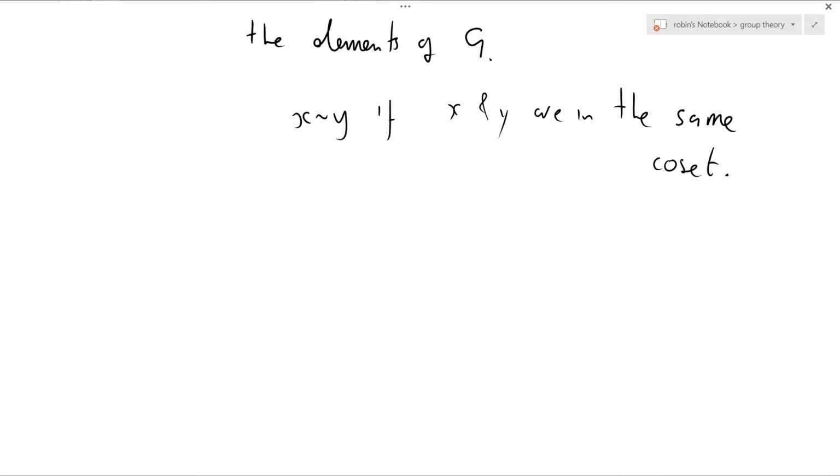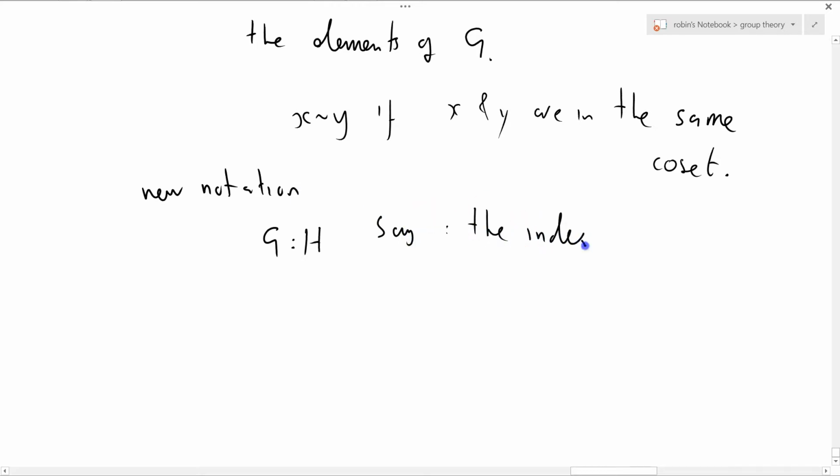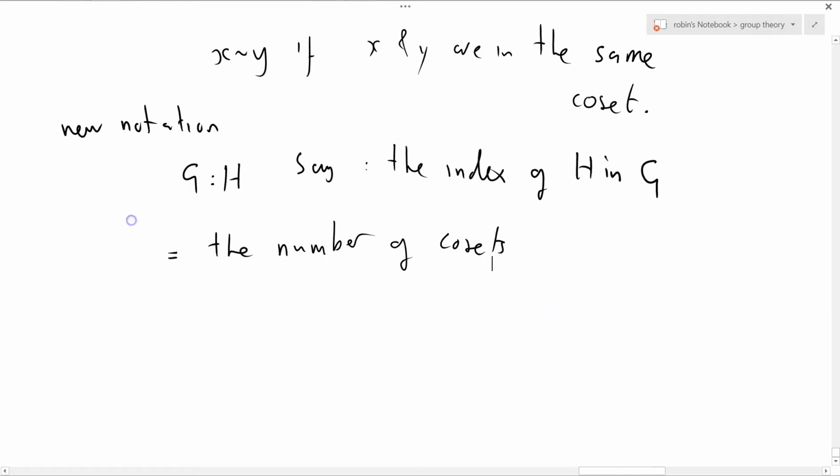And that tells us something quite profound. If we talk about G:H, here's a new piece of notation. We say the index of H in G equals the number of cosets, can be left or right, the number of cosets in G, and they're all the same size.